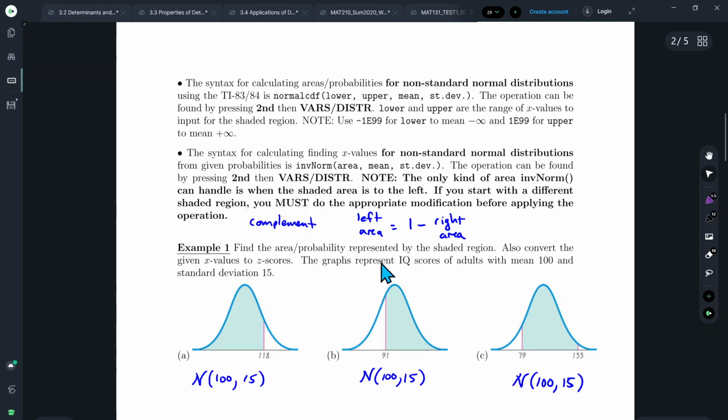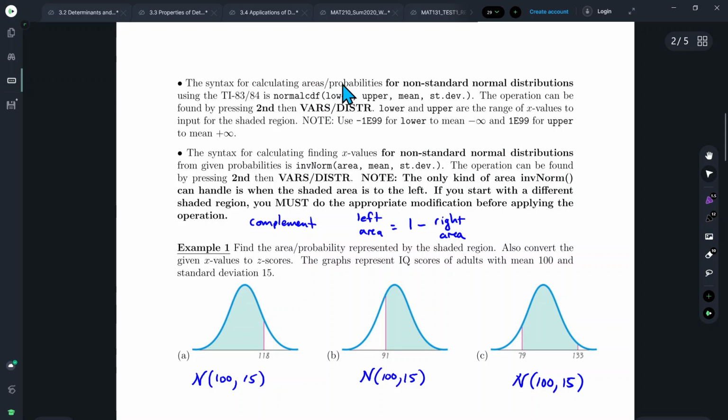On the next page, the two bullet points at the top are the two commands on the calculator that we'll be using. It depends on whether, in a given problem, we're trying to calculate areas and probabilities, or x values.